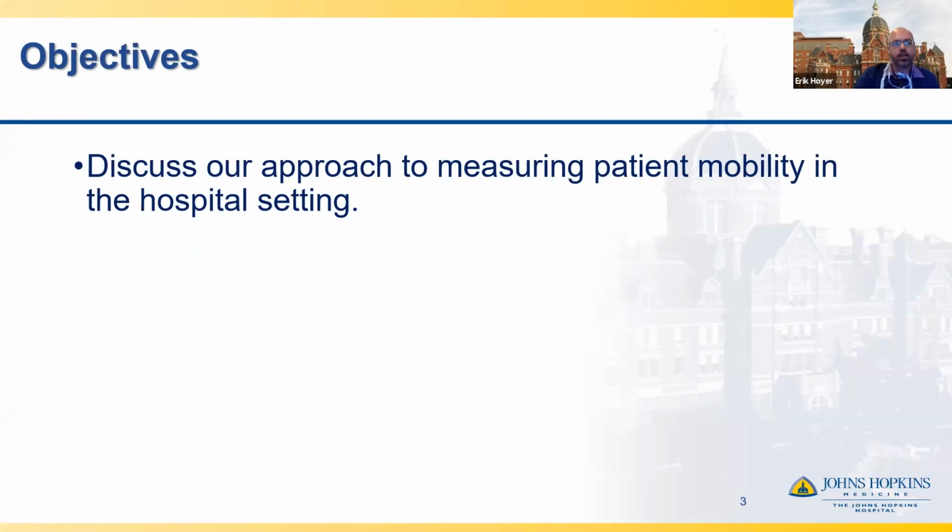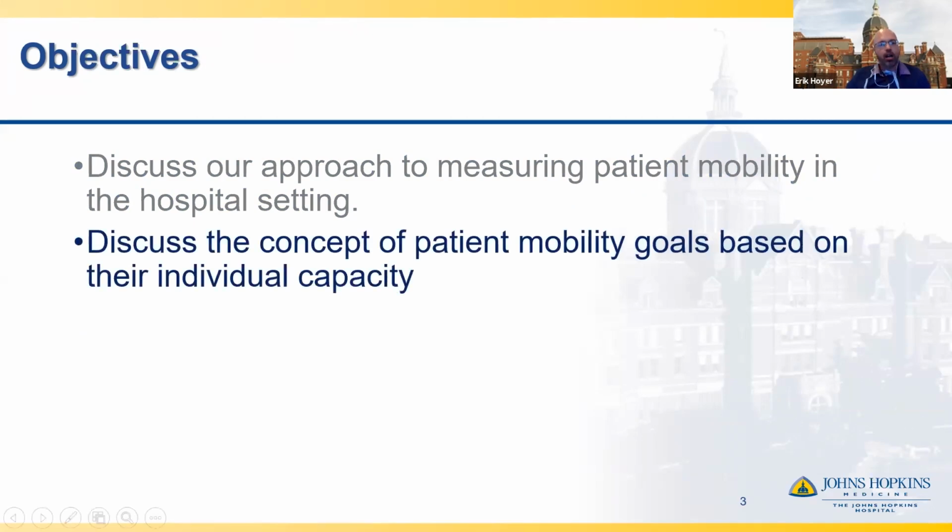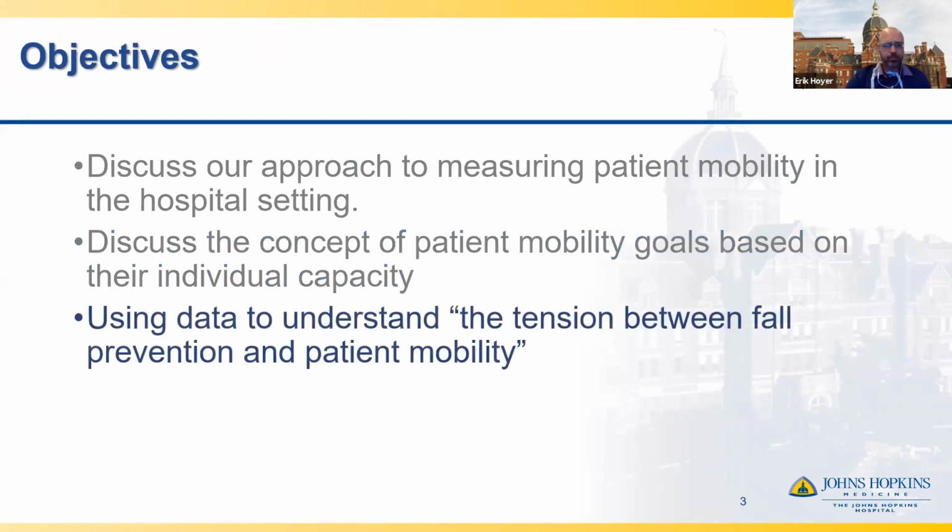So for our objectives, we're going to discuss our approach to measuring patient mobility in the hospital setting. I'm going to be talking about the concept of patient mobility goals that are based on their individual capacity. I'm going to be talking about how we're using this data that's being collected in routine care to understand the tension between fall prevention and patient mobility as well, which is a pretty hot topic.